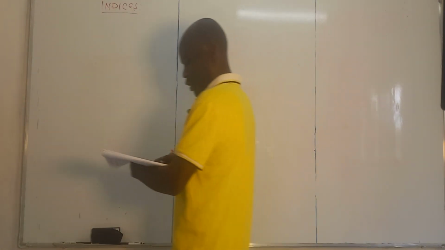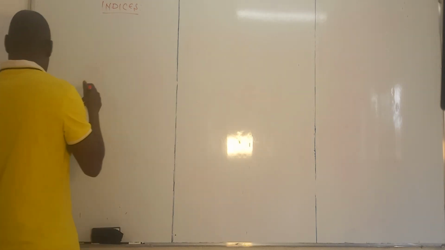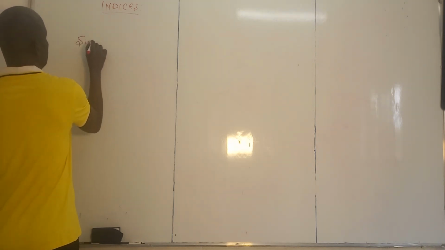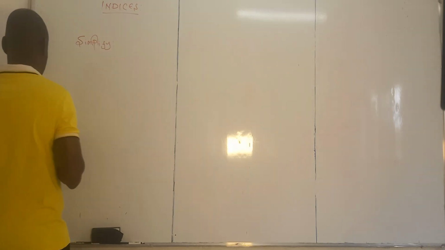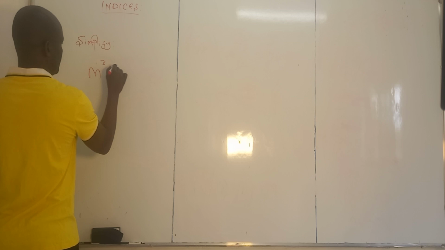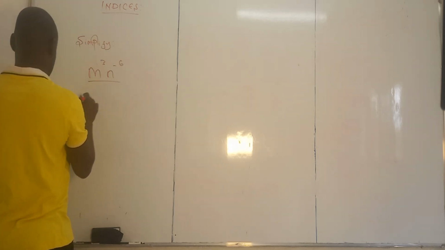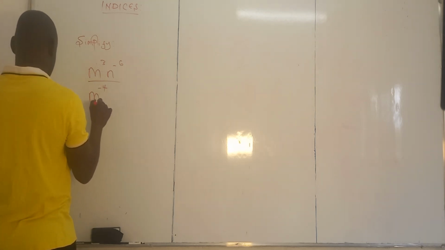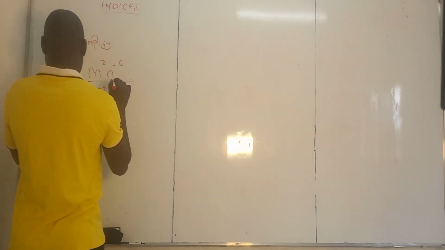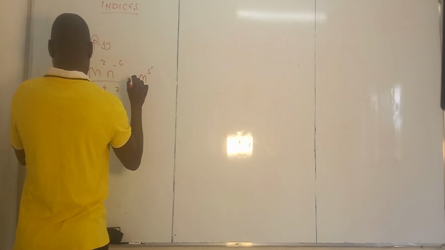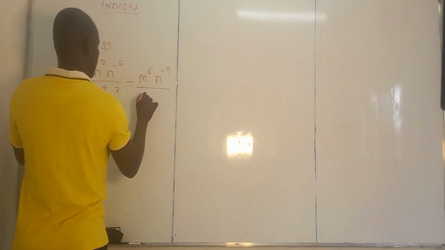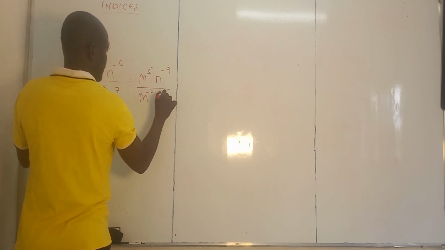So the question is simplify m cubed n raised to power negative 6 all over m raised to power negative 4 n raised to power 7, divided by m raised to power 5 n raised to power negative 9 all over m raised to power negative 2 n raised to power 4.